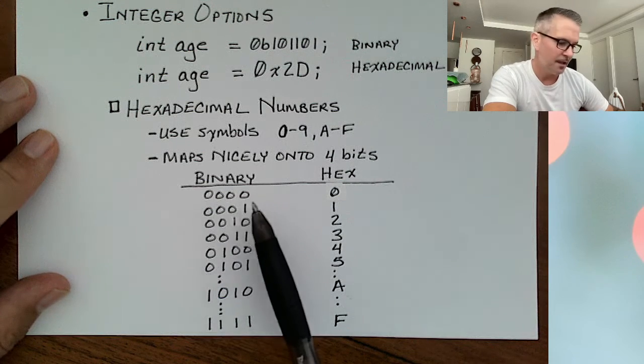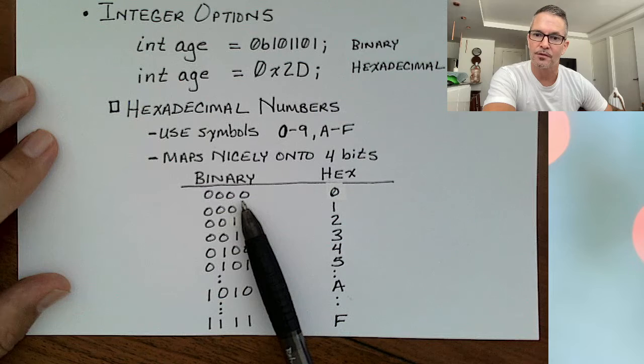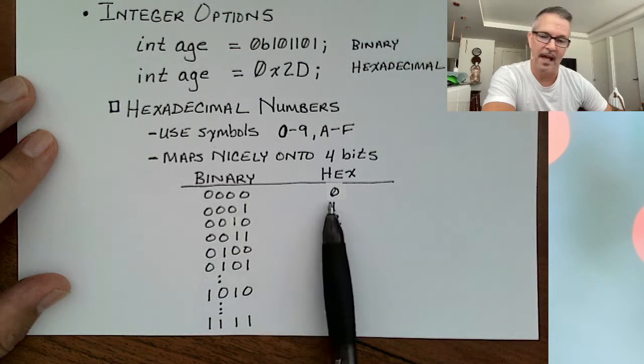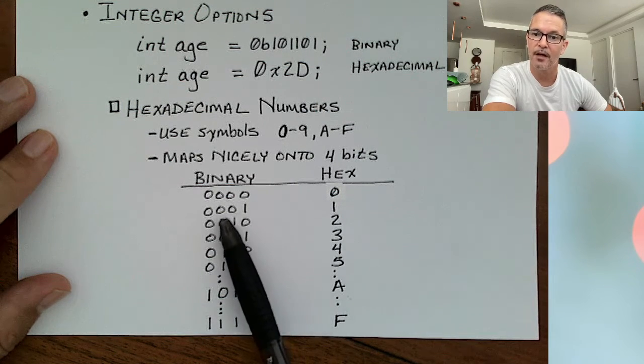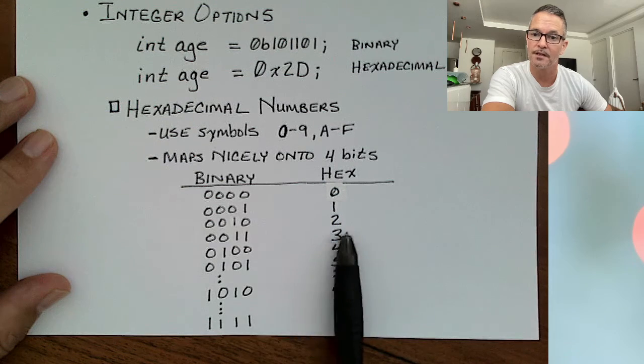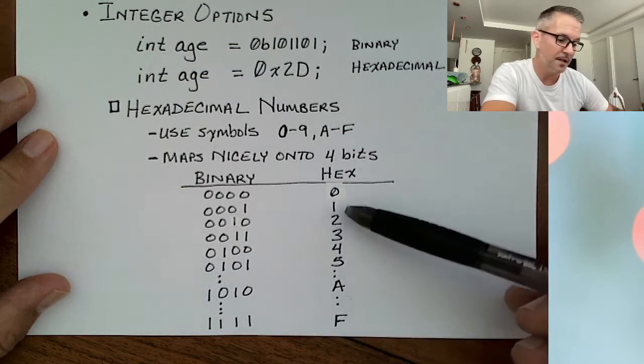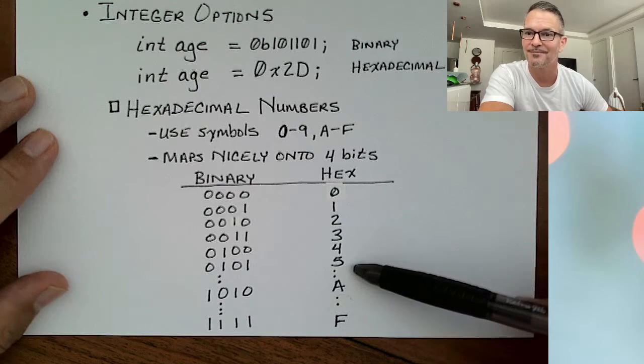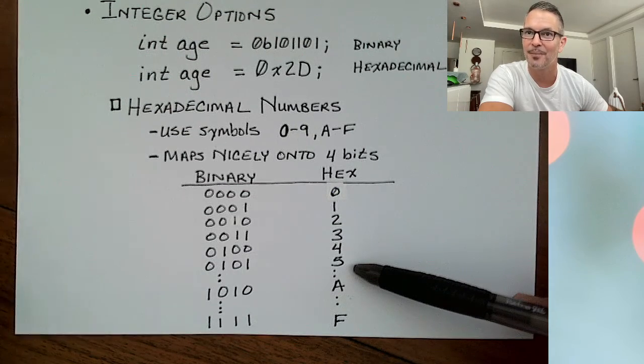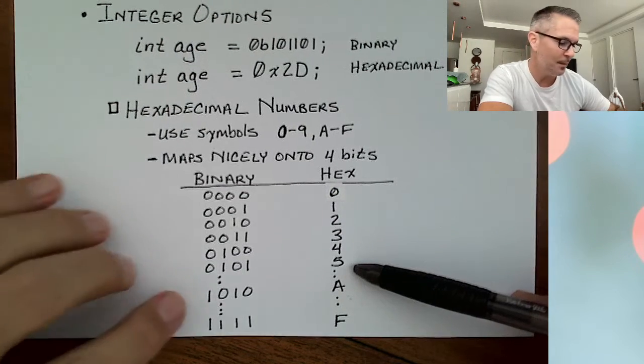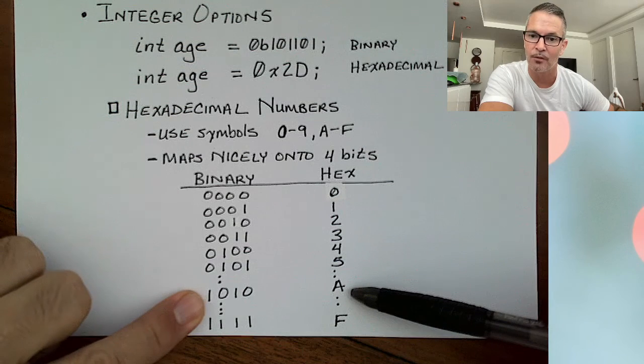So look at this. The binary value 0000 is hex 0. The binary value 0001 is hex 1. And we continue through the basic base 10 number system until we get to this particular value, 1010, which is 10.